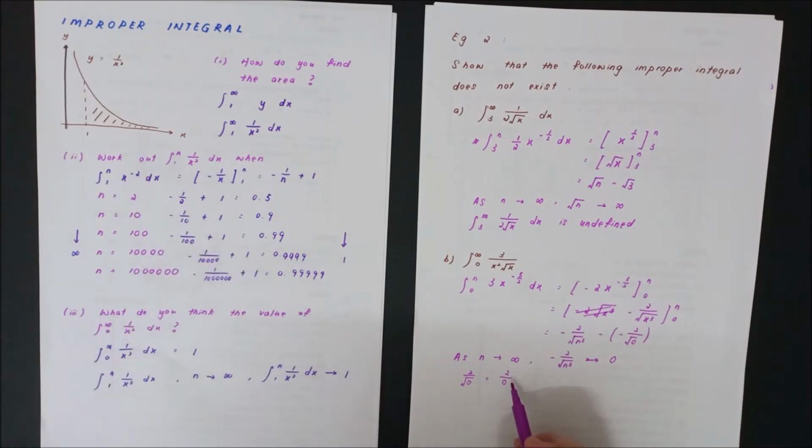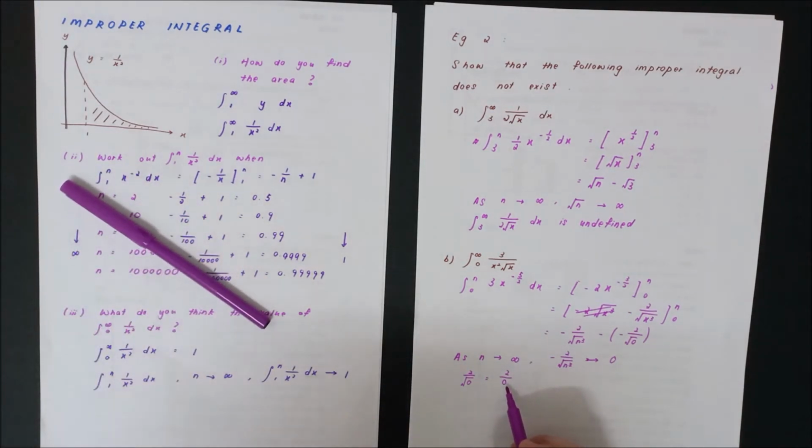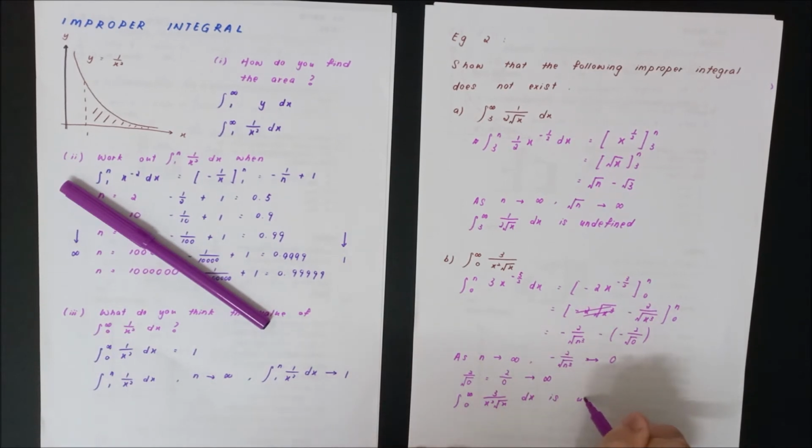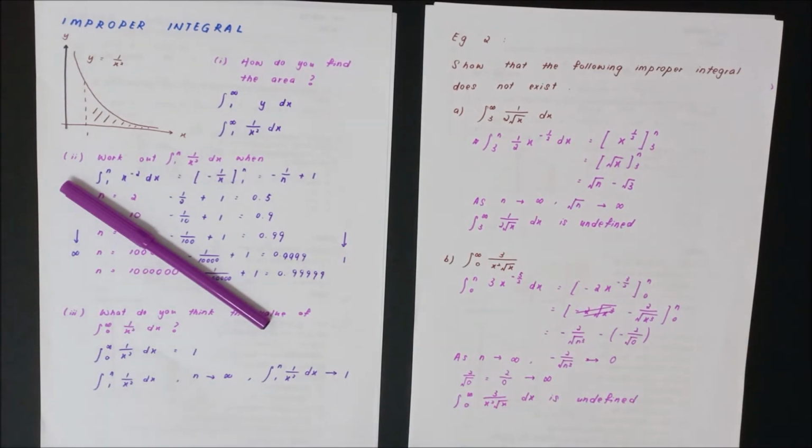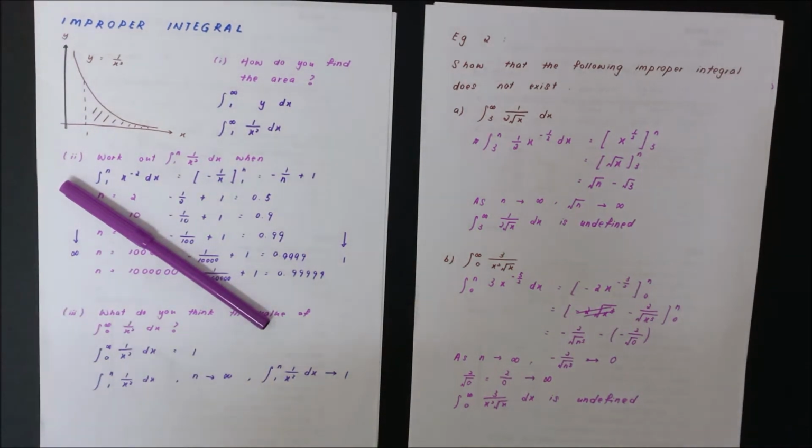Anything that is divided by 0, you are actually getting an undefined answer. So that's why the integral from 0 to infinity of 3 over x squared square root x dx is actually undefined. Because this is undefined, as long as this approaches 0, anything that is very small, when you add an infinite number, it still gives you infinity.